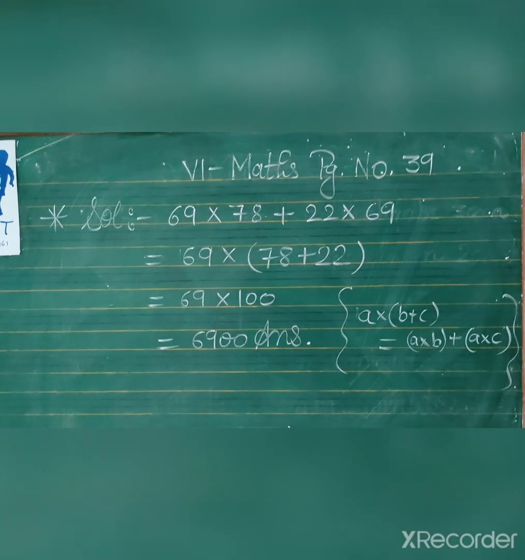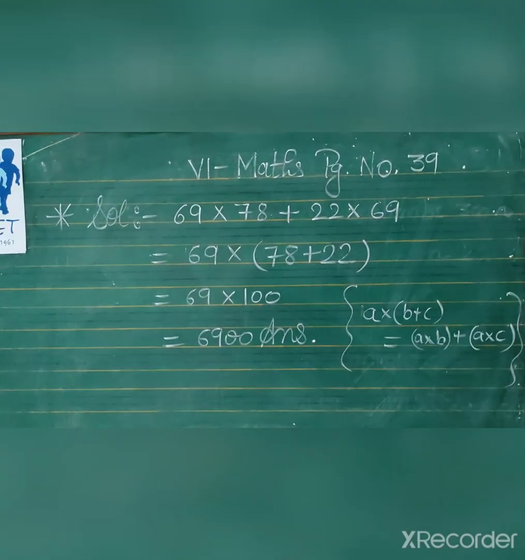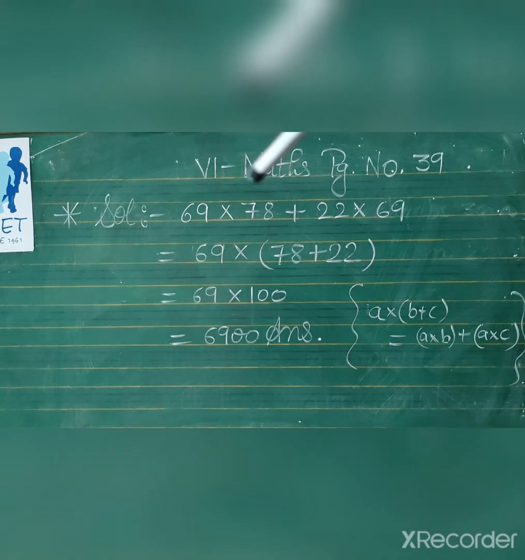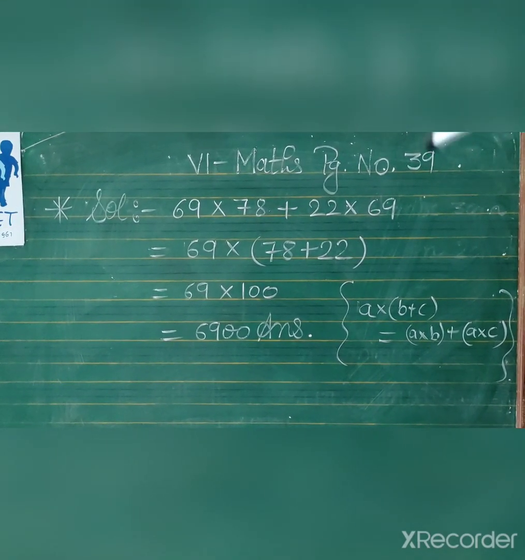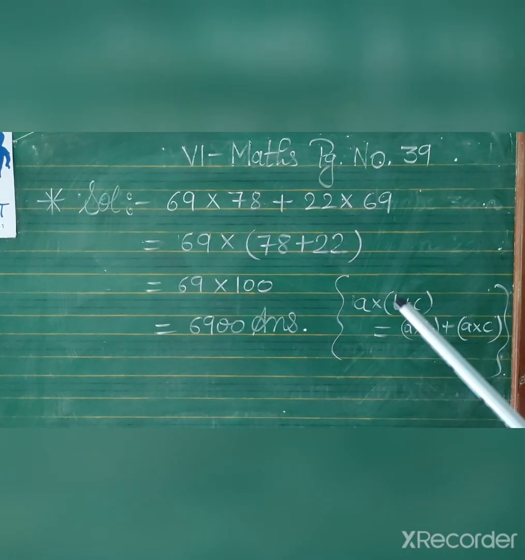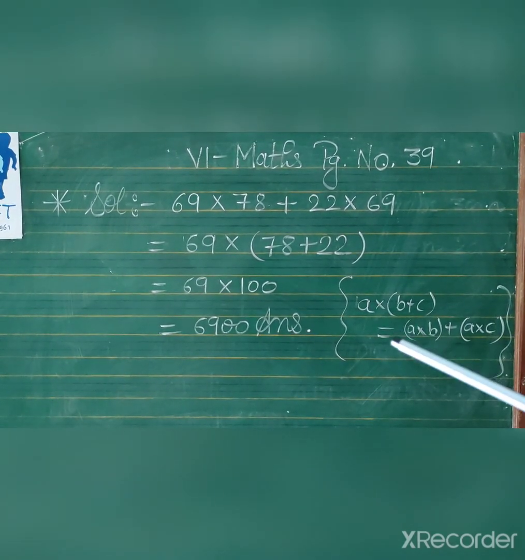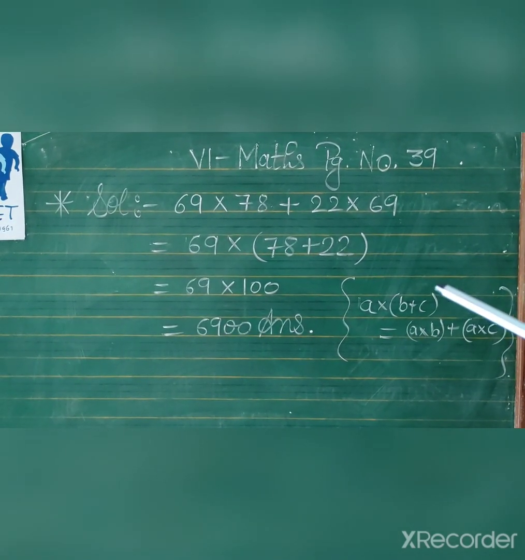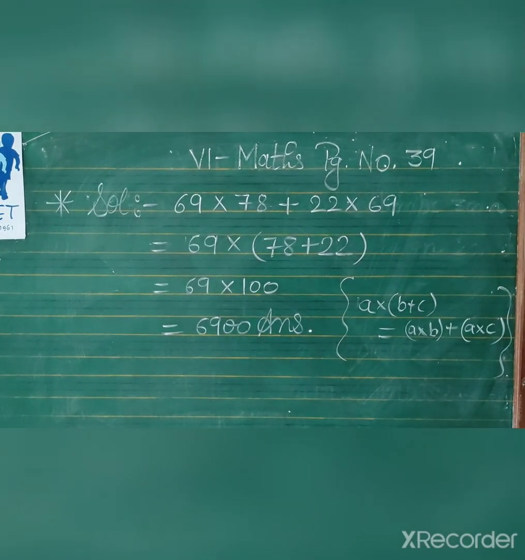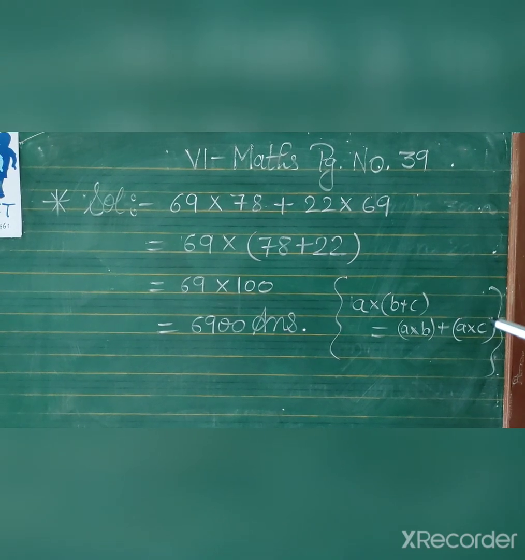Now see, the second you will solve, the third I am solving. Now 69 into 78 plus 22 into 69. You can see here, this is called LHS and this is called RHS, and the middle sign is equal. So on my left hand side, this term is there, A into B plus C, and this is the RHS side.